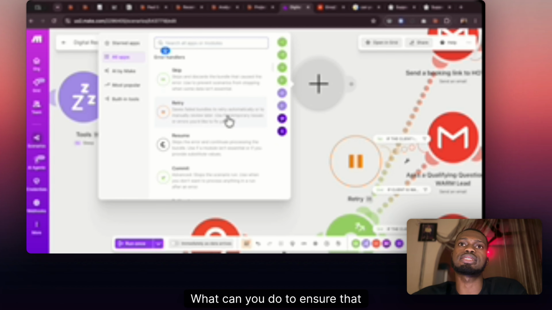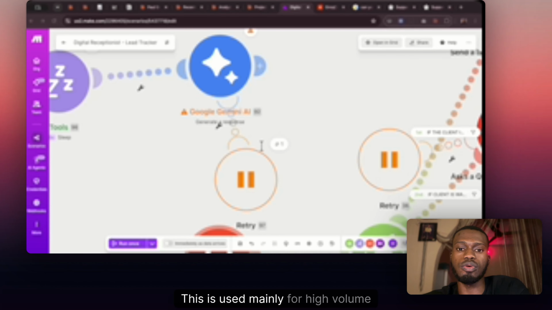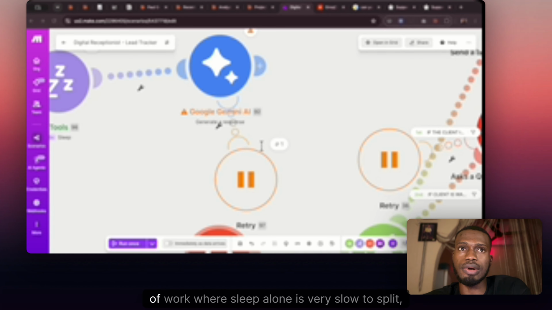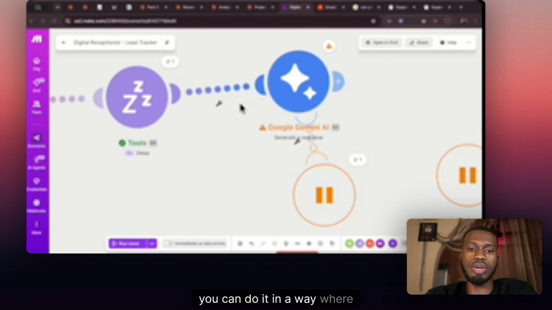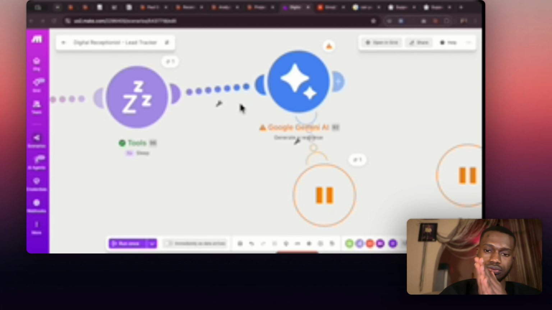And right after that, there's another one which is called batch splitting. This is used mainly for high volume of work, where sleep alone is very slow. You can assume when you have a high volume of work and sleep cannot just handle it, you can split into batches.